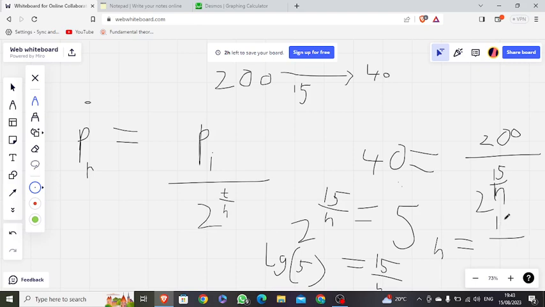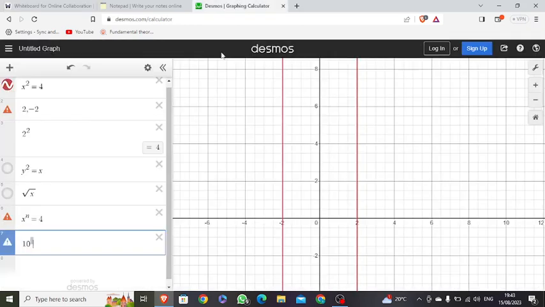Now I'm not sure if LG works on Desmos, and unfortunately I don't personally know what LG5 is myself, so let's not go there. I could estimate what it's less than, but let's not do that.